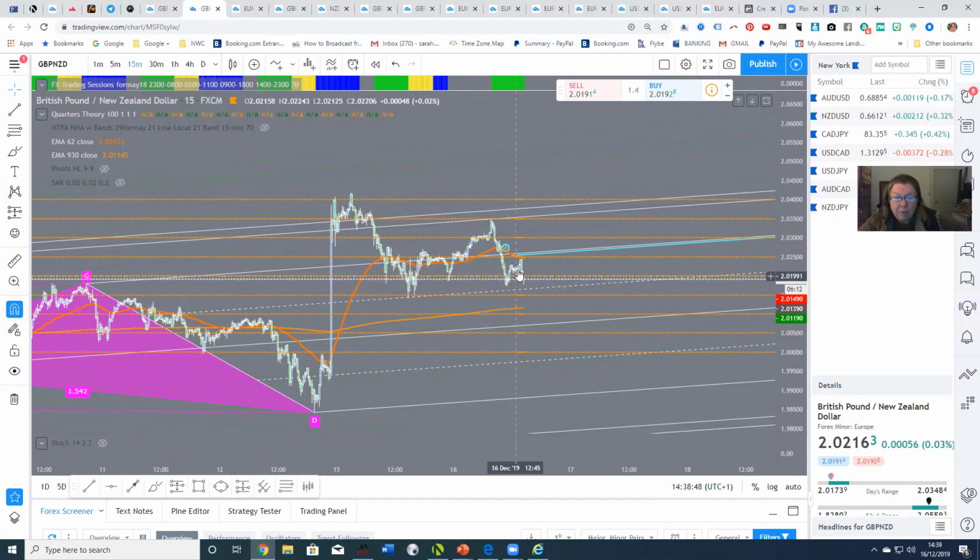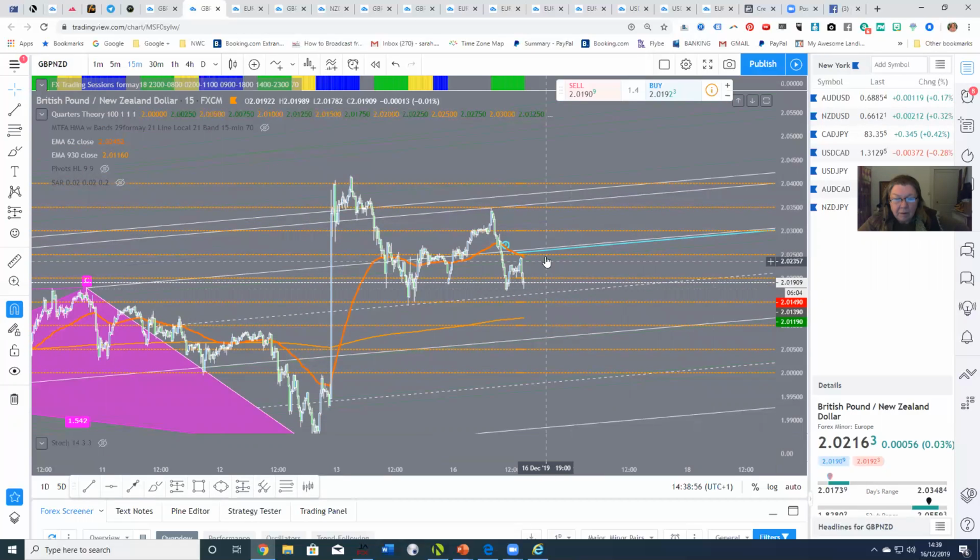So on the 15-minute, I had an alert set there. It has come right down already, just since 12:30. It's now sandwiched between the quarter theory and the pitchfork.